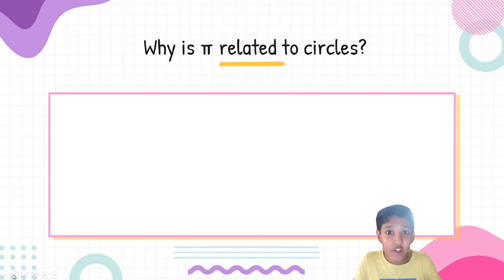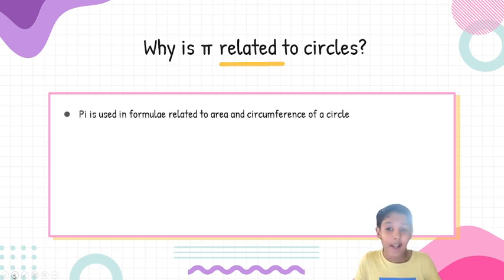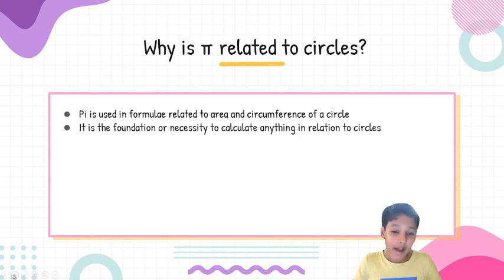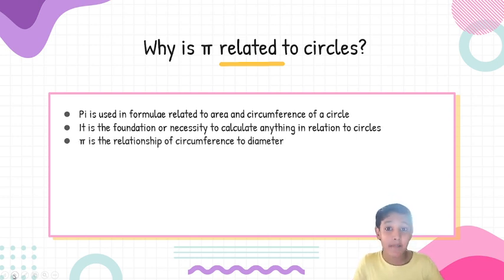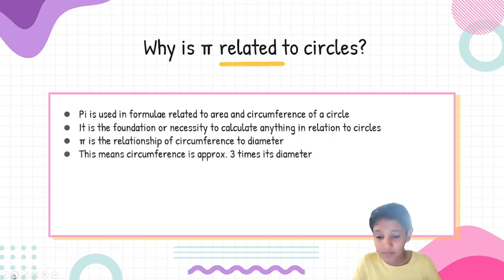Why is pi related to circles? Like mentioned, pi is used in formulae that are related to the area and circumference of a circle. Pi is the foundation or necessity to calculate anything in relationship to circles. Pi can also be expressed as the relationship of circumference to diameter, meaning the circumference is around 3 times its diameter.